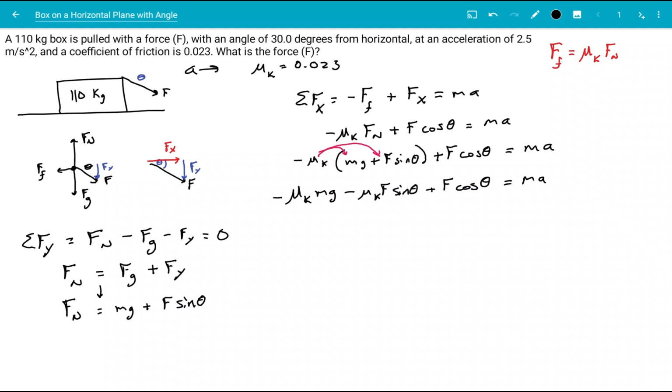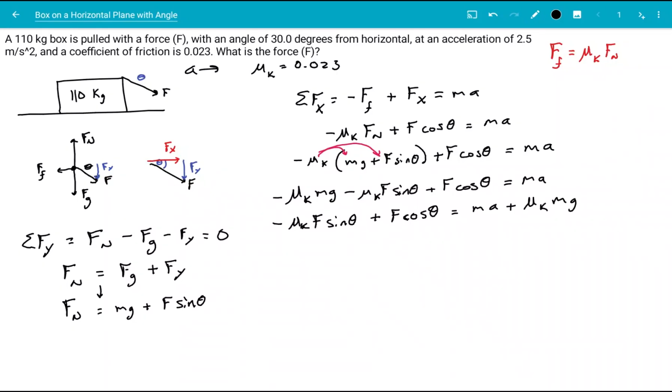All right, so now we have the force that's being applied in this downward direction. So let's get rid of mu mg and put it on the other side. So we're going to have minus mu k F sine theta plus F cosine theta equals ma plus mu k mg.